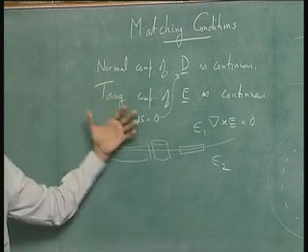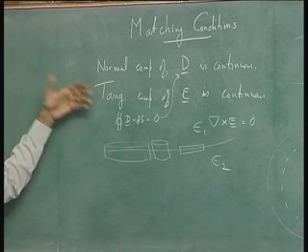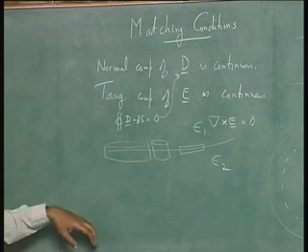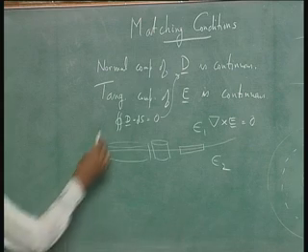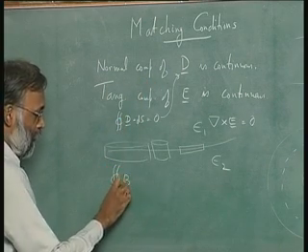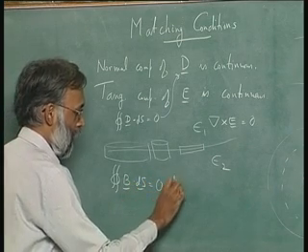We have to do the same thing now. We have to use corresponding equations in magnetic field. Well, we do know that the integral of B dot dS is equal to 0 always.